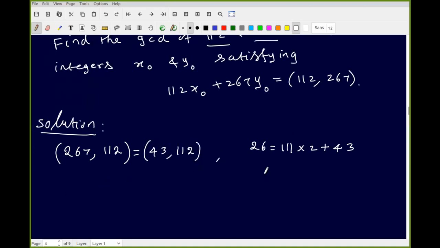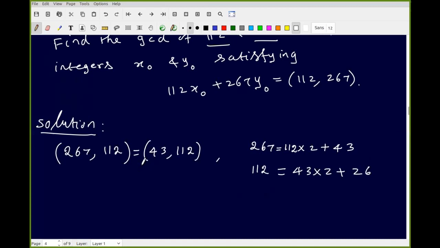Right? And again we apply division algorithm on 112 and 43. So 112 is written as 43 times 2 plus 26.